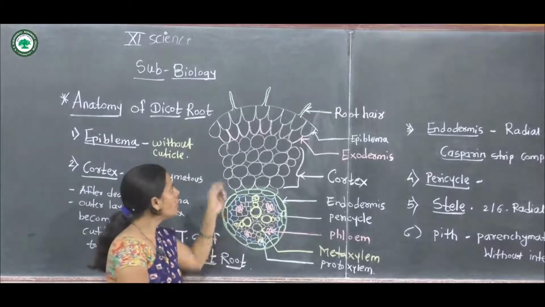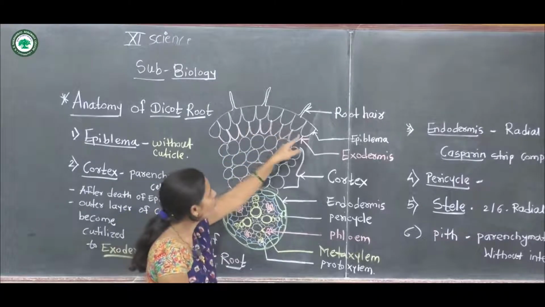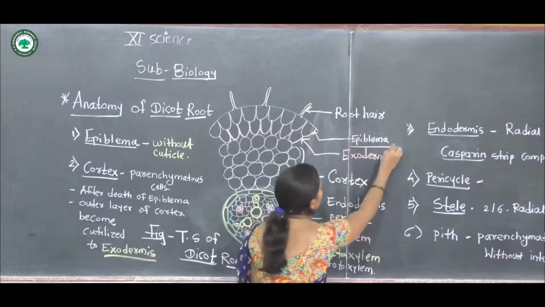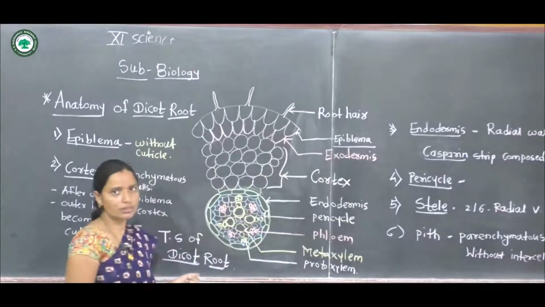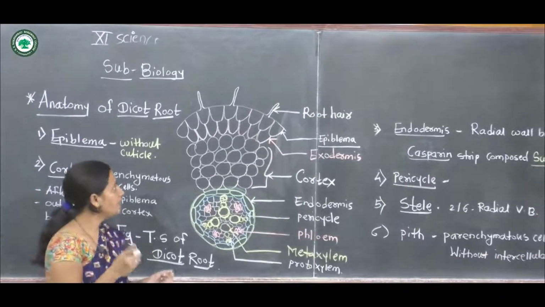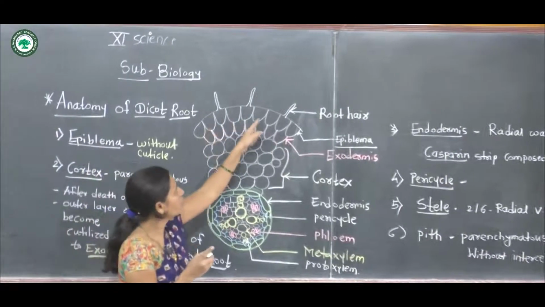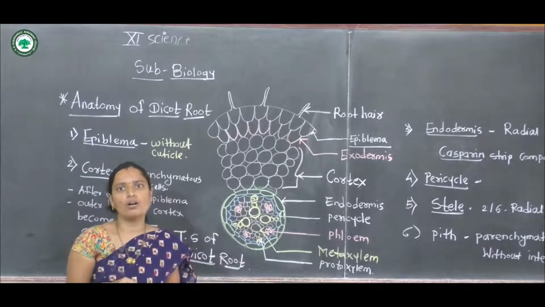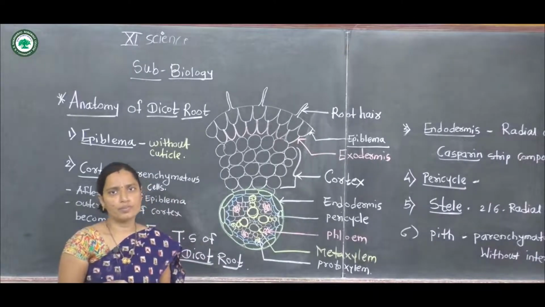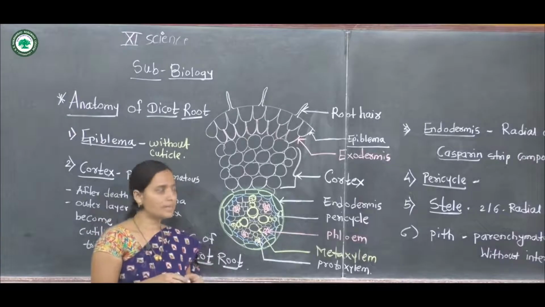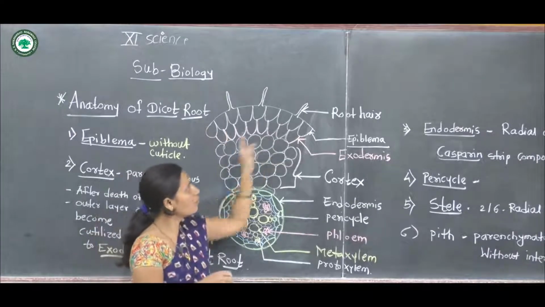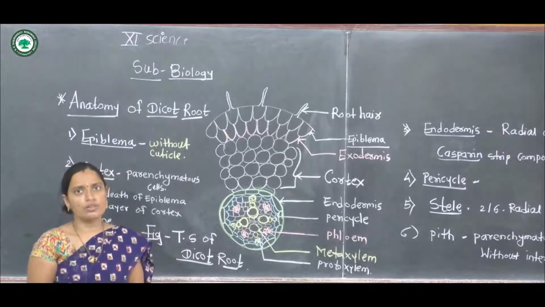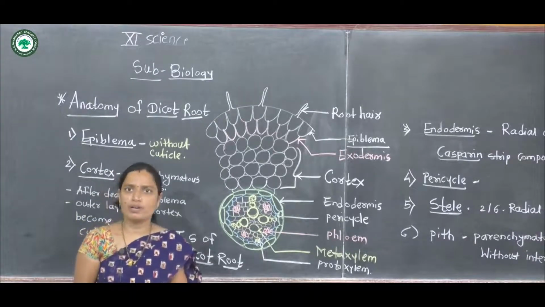It is the first, outermost layer of the root. It is a single layer, and in this layer some extensions arise, which are called root hairs. Root hairs are present in this outermost layer, and their most important function is the absorption of water and minerals.